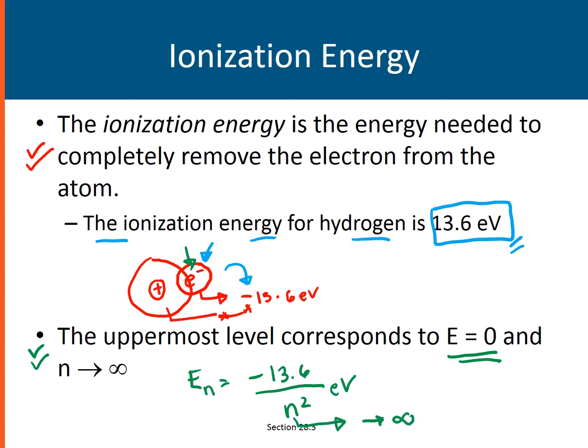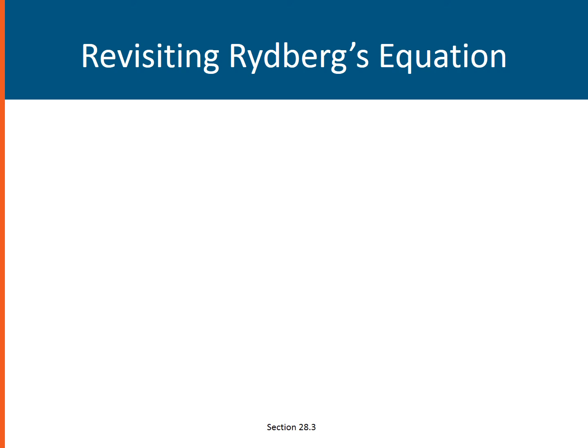So when you're very, very far from the nucleus of the atom, the farther you are from the nucleus, the less energy the electron is going to possess. In fact, in the uppermost energy level, that is n approaching infinity, the energy at that point is equal to 0.